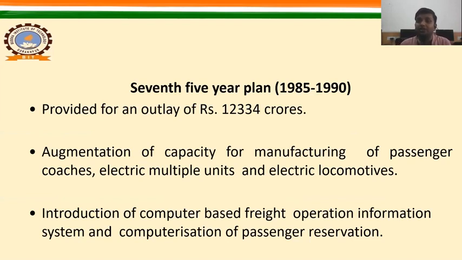So students, this phase saw a tremendous improvement. Before this phase, there was no computerization of passenger reservation, but in this phase there was, as well as the augmentation of the capacity for manufacturing of passenger coaches, electrical multiple units, as well as the electric locomotive.